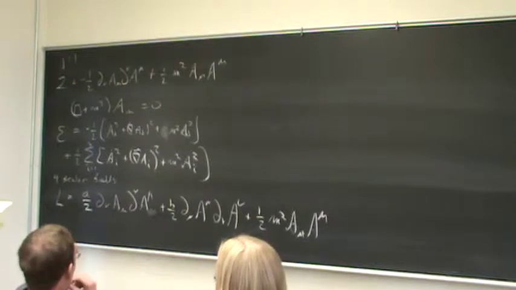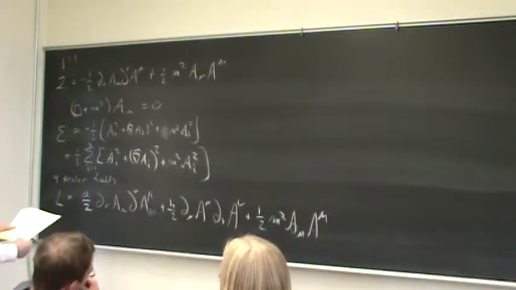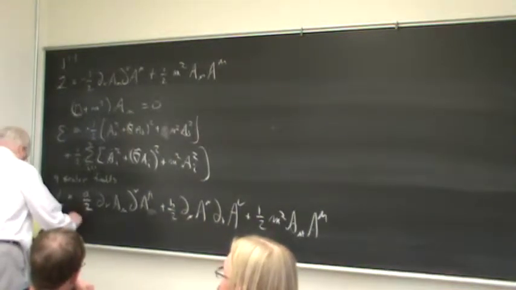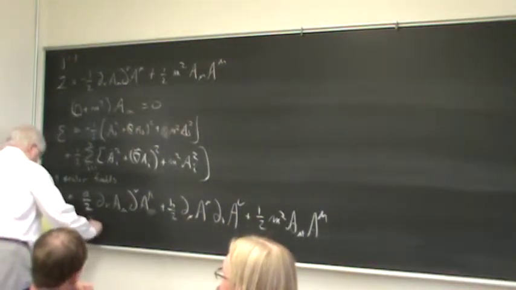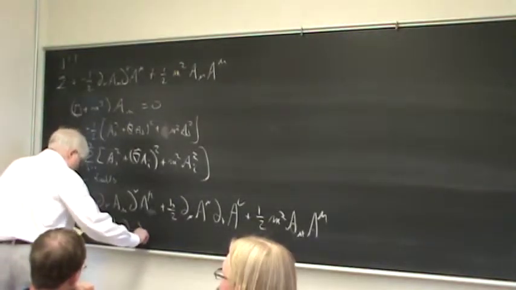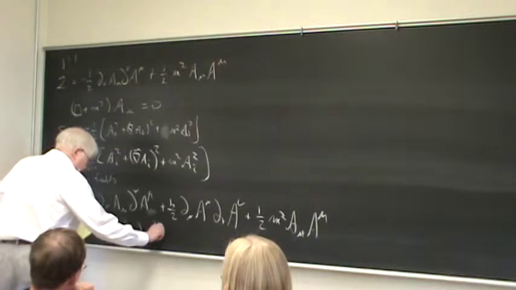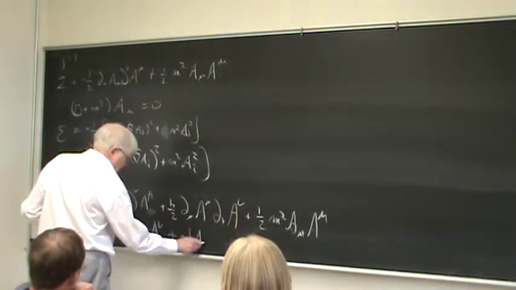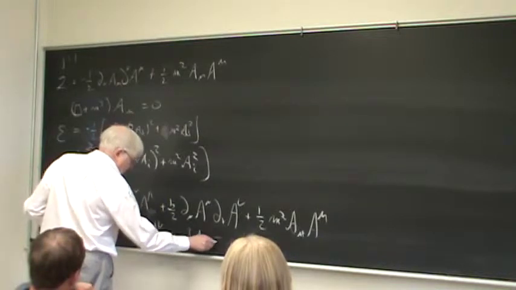If we work out the equations of motion here, let me just write down what the answer is. It's A box A mu plus B d mu d nu A nu plus m squared A mu equals 0.